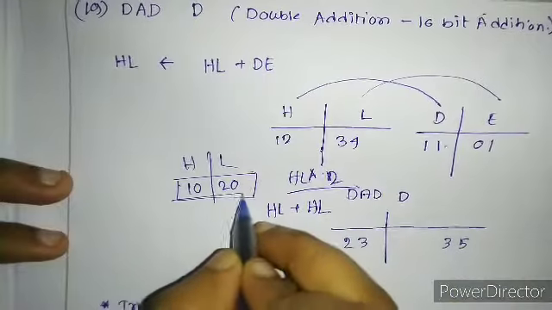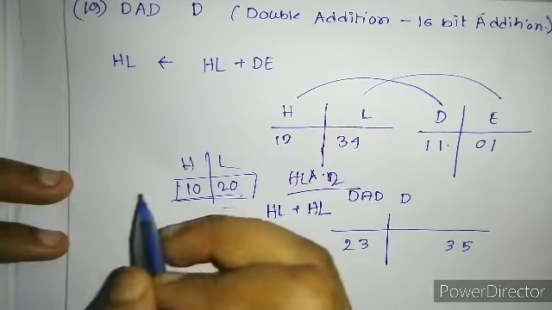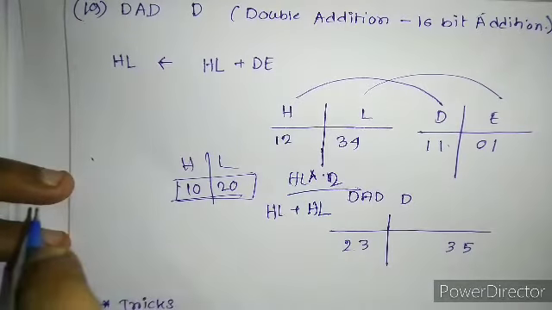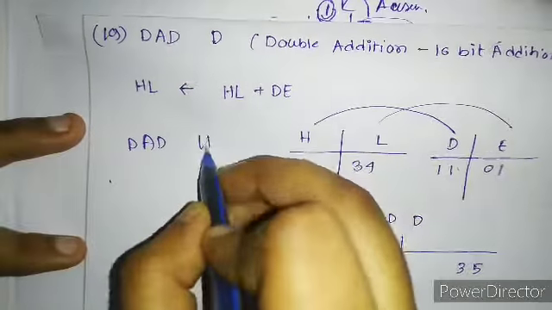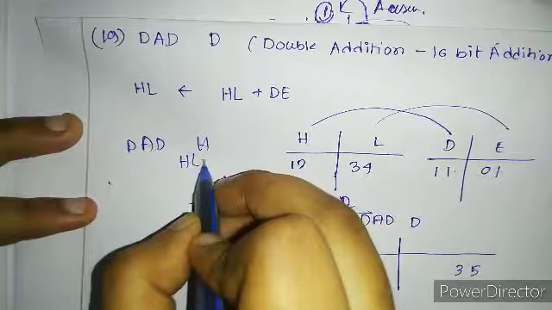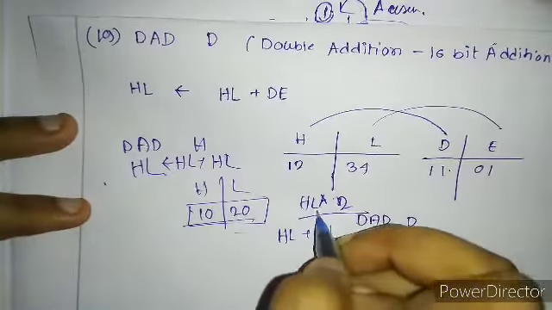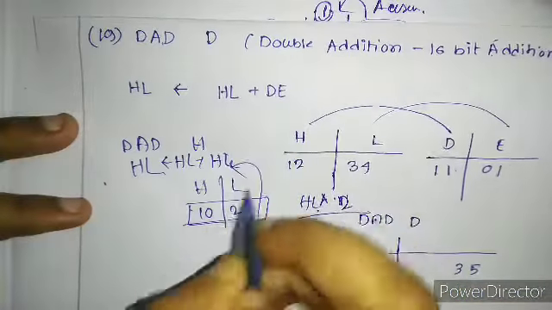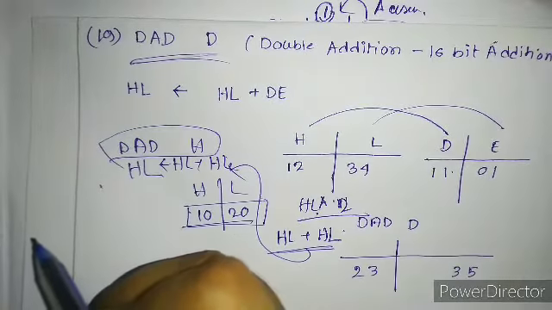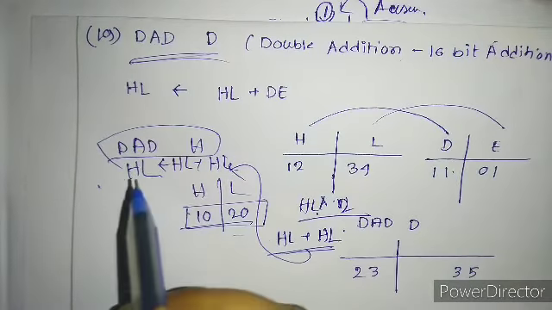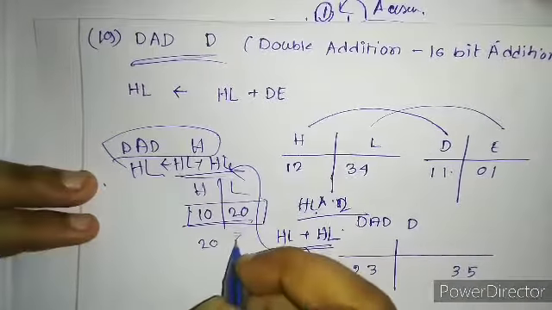So in the HL pair, suppose you have inserted your value 10, 20, you can just do it by LXI. Now what you have to do? DAD H, which means HL plus HL, and the value gets stored in HL. So HL times 2 and HL plus HL, that is DAD H, both do the same operation. Okay, so this can be asked in your Viva questions. Don't forget to answer. So now the answer will be 2040, right?